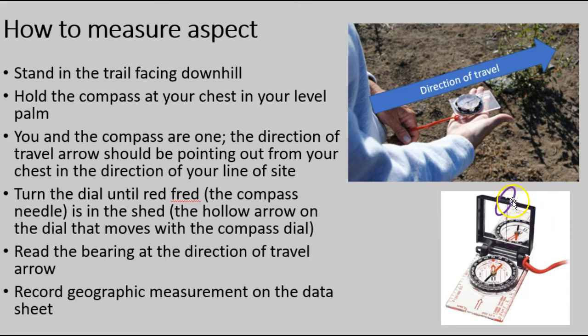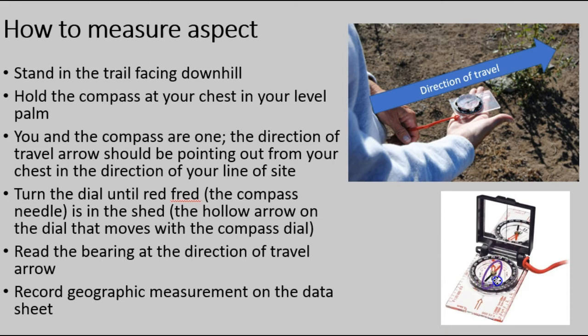Now, the compass has a couple of different parts. This is the dial, okay? And notice that the dial has north, east, south, west on it and all of the degrees, okay? And with the dial moves the shed, okay? This is a hollow red arrow on the base plate, and it moves with the dial.